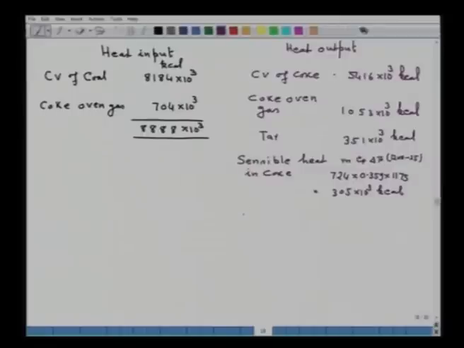Then also coke oven gas also discharges at the similar temperature. So, one can also calculate sensible heat in coke oven gas.